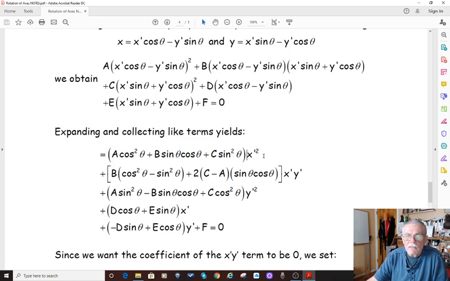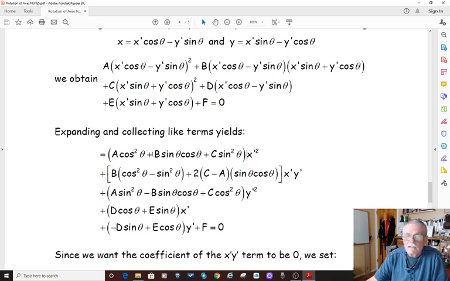Any term that had an x prime squared in it, I get from a couple of different places. I get it from here, of course, and I'm also going to get it from here. So that's why that's a plus. And then where else am I going to get an x squared term? I'm also going to get it from here, because this is squared. So this is not incorrect.